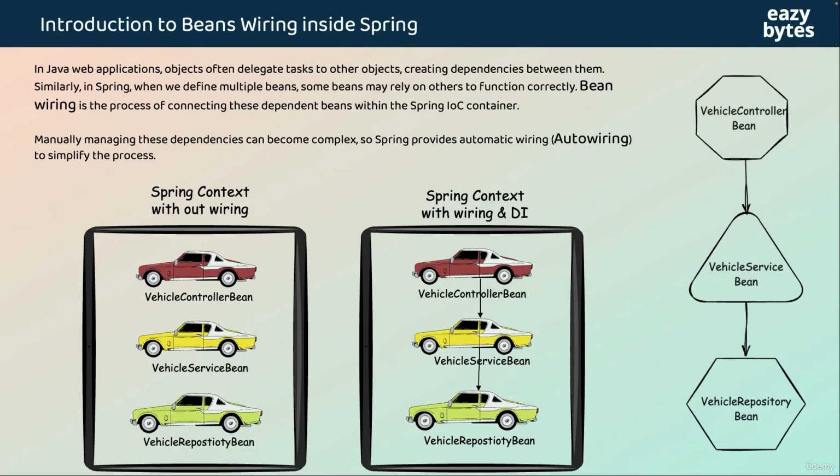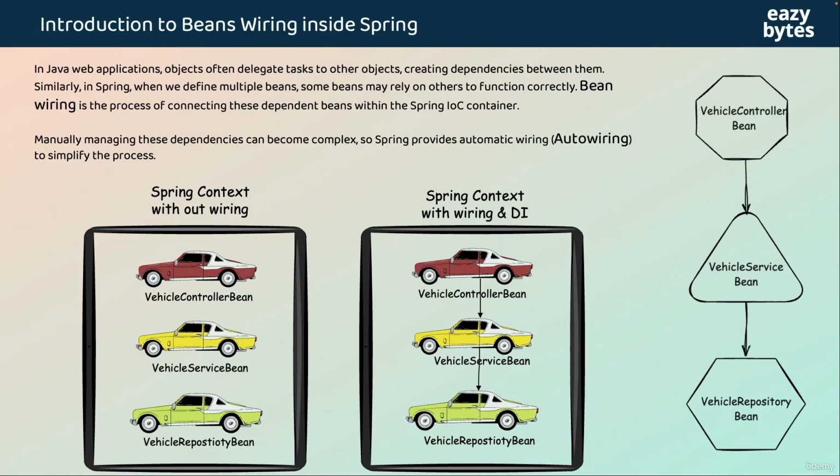The same applies for the service bean as well. If the service bean wants to forward the request to the repository bean to save the data into the database or to read the data from the database, it has to forward the request. Unless we define the dependencies between these two beans, forwarding the request to the other layers is not going to be possible. As you can see on the left-hand side, I have a Spring context defined without establishing any dependency between the beans.